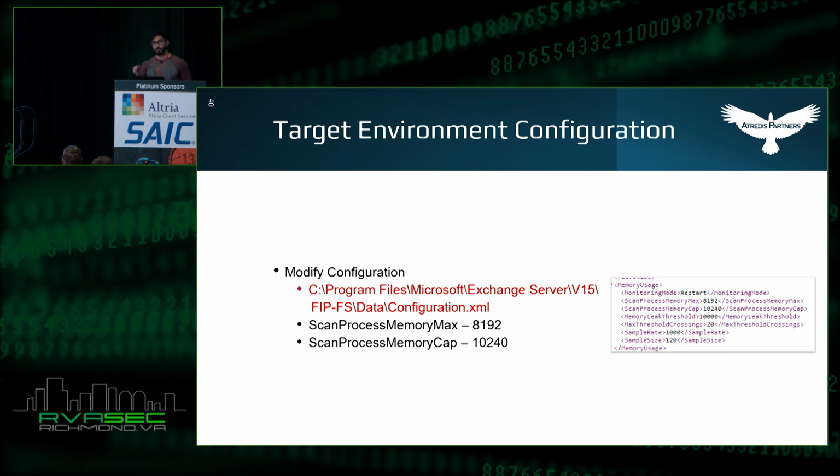It's reaching its memory threshold before even processing our file. So after some digging, there is that configuration.xml file. You need to modify it to increase the memory max and process memory capacity as well. With our testing, these values seem to work just fine.